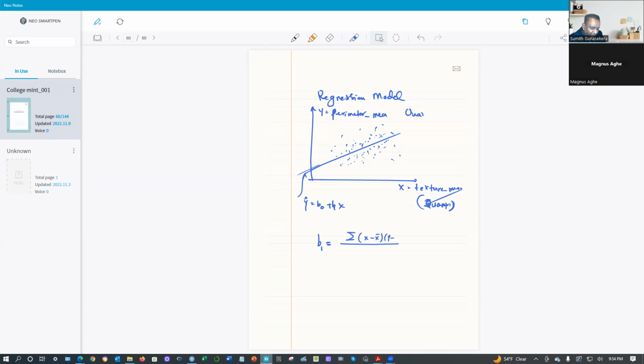Take that and sum them up separately, and divide by the summation of x minus x bar squared. Right? And b naught is nothing but y bar minus b1 times x bar. Those are the formulas.